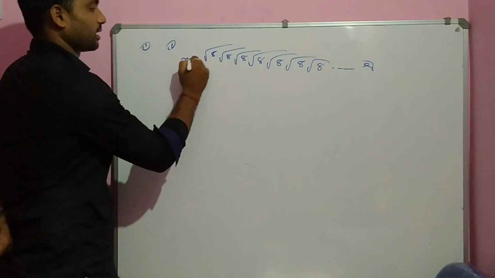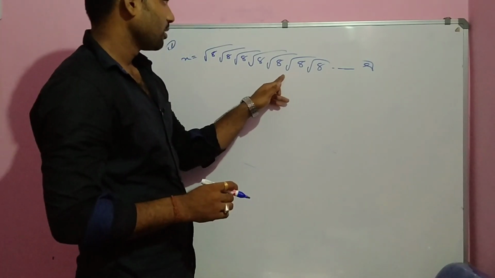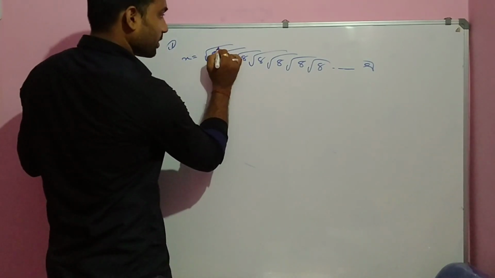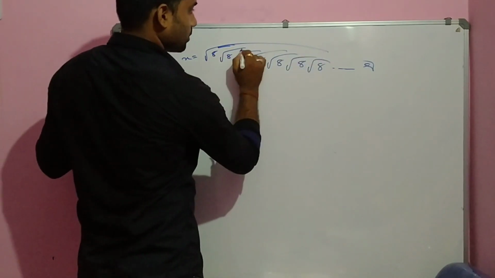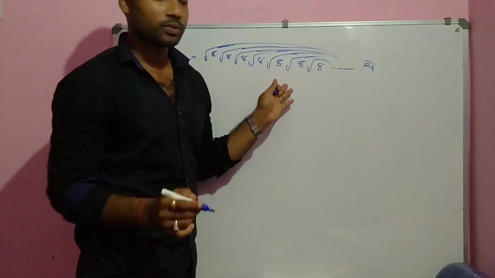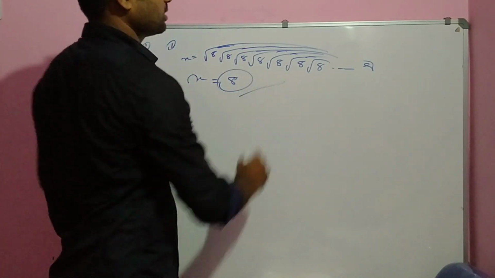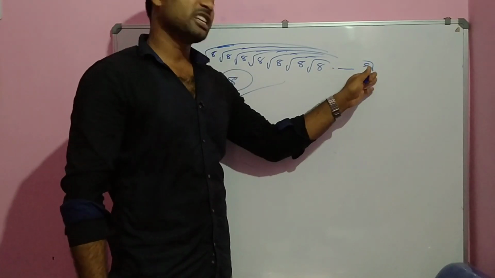What is the value of x? Under root with multiplication, infinite given. Keep in mind, x is always 8, because it is infinite.